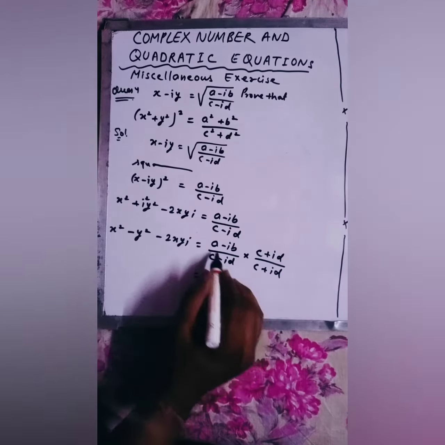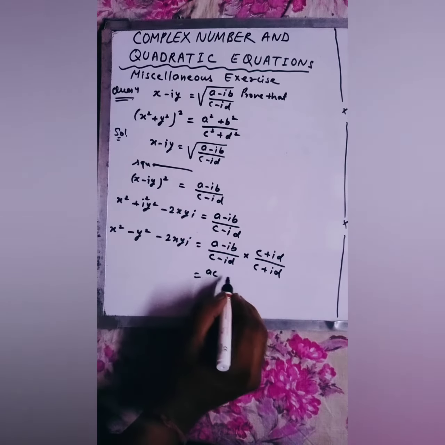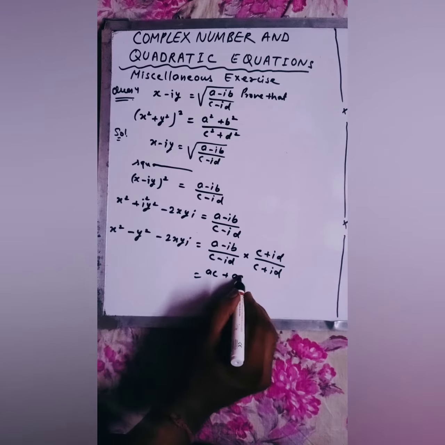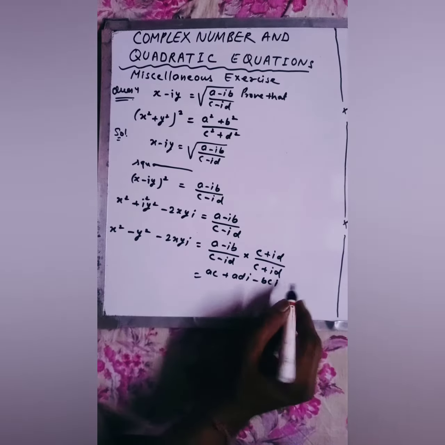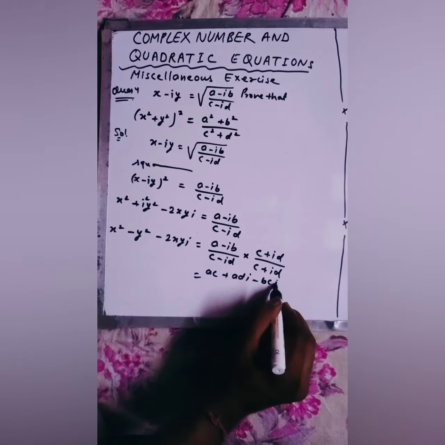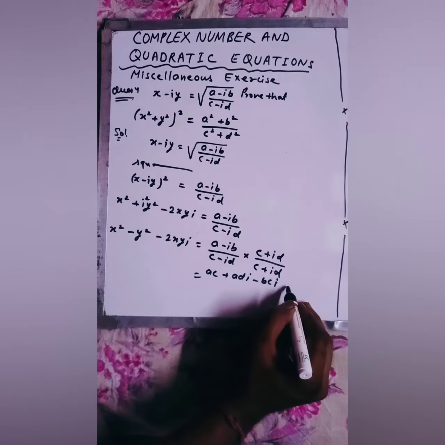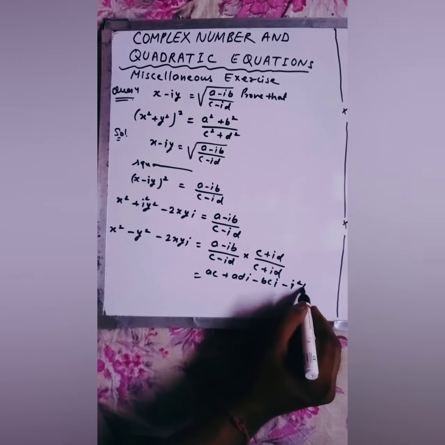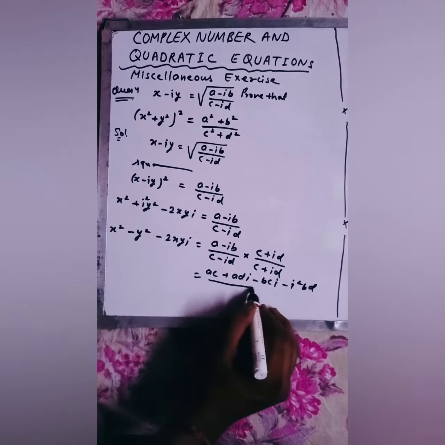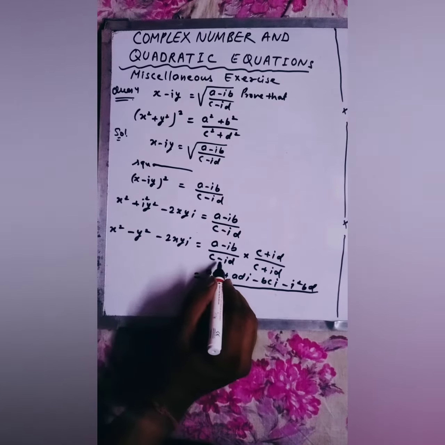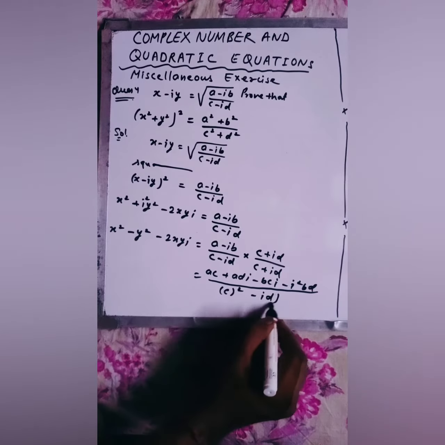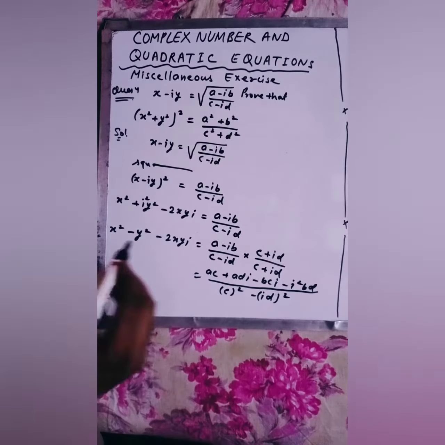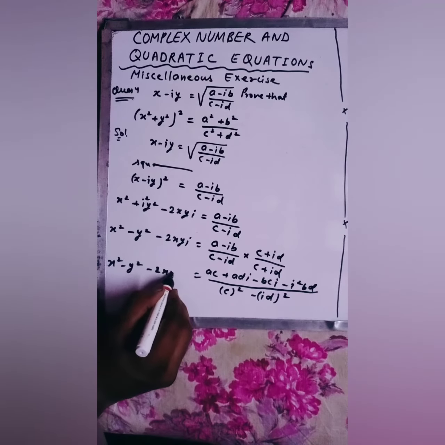That is equal to, multiplying, AC plus AD iota minus BC iota minus iota square BD over c square minus iota square d square, and here you have to write x square minus y square minus 2xy iota.